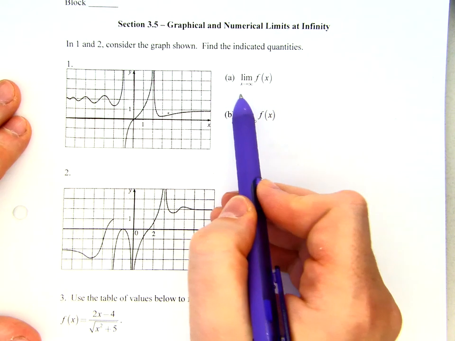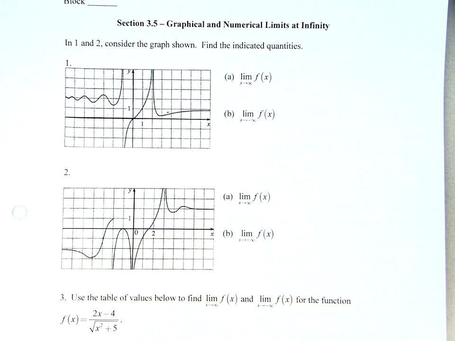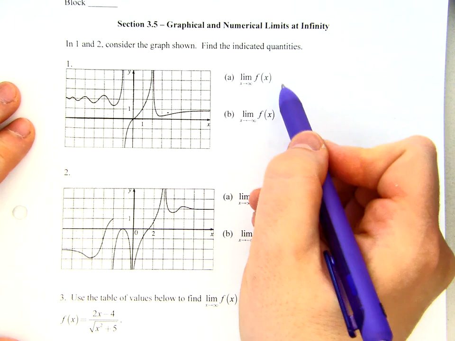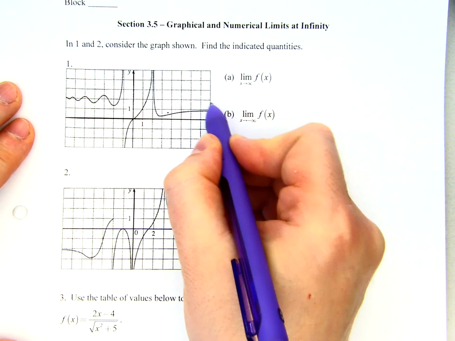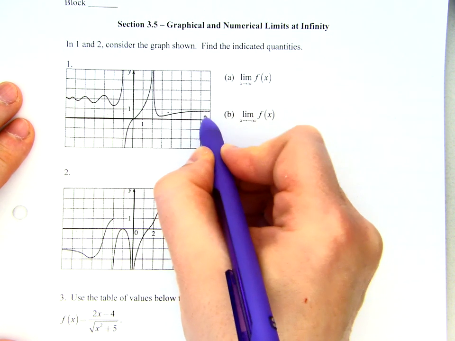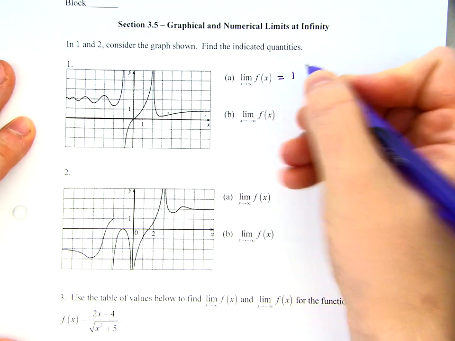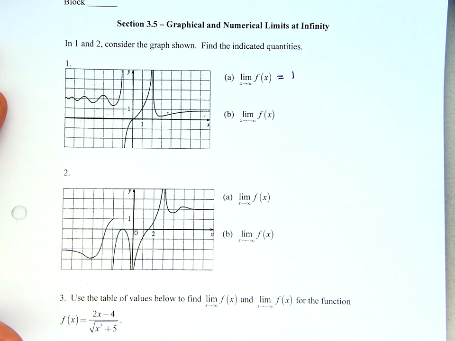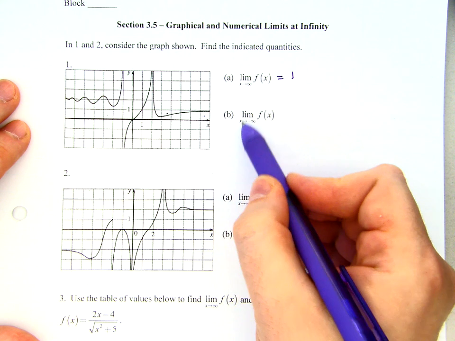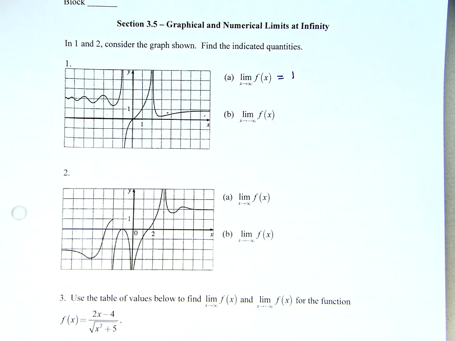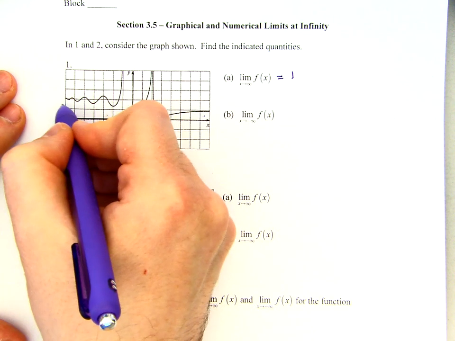So 1a, what did you say for the limit as x approaches infinity? Well, as x approaches infinity, I'm going far to the right. Looks like I'm getting close to a y value of 1. I'm going to make that 1. What did you say for the limit as x approaches negative infinity? Well, I'm going far to the left.